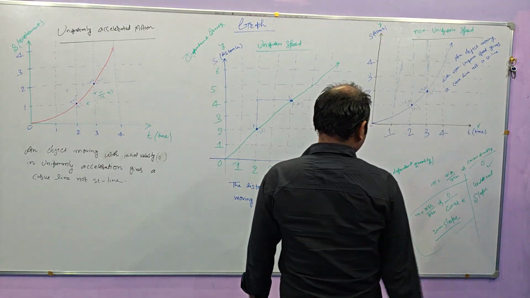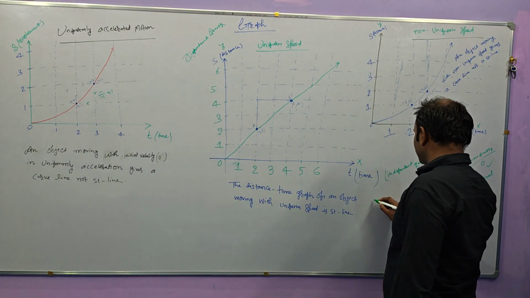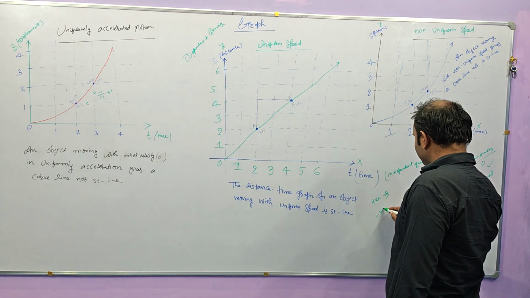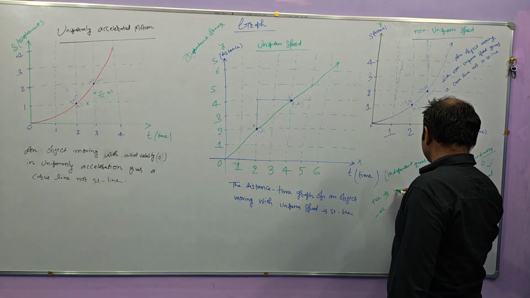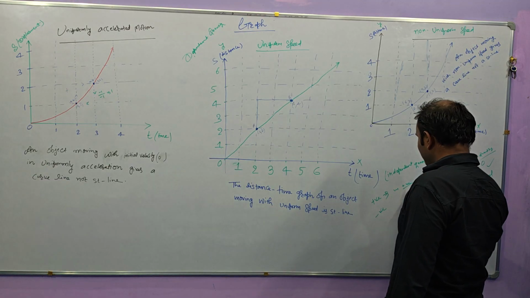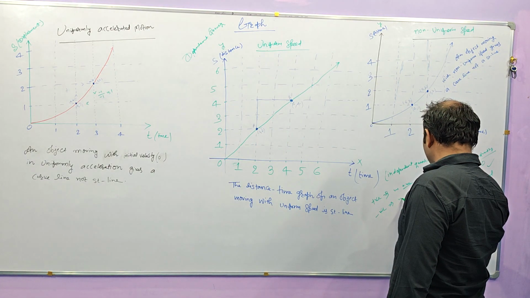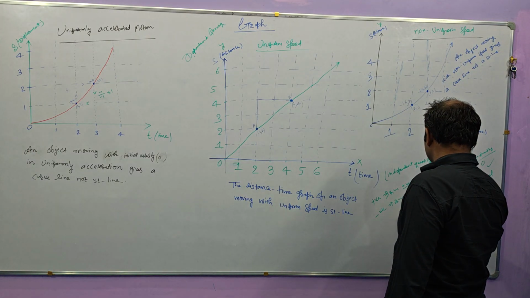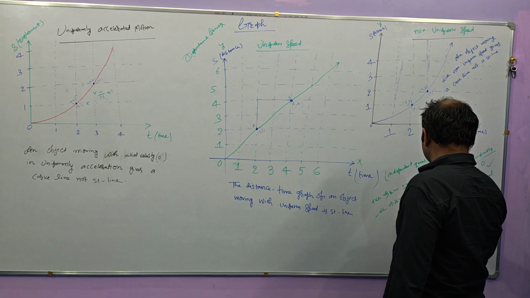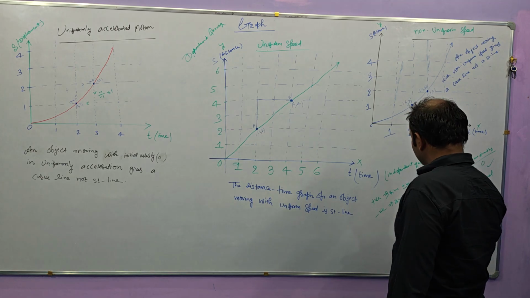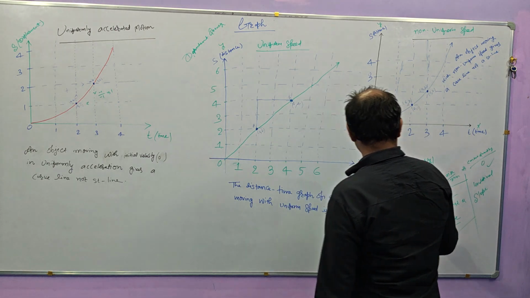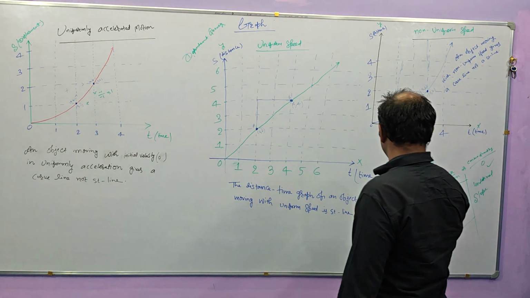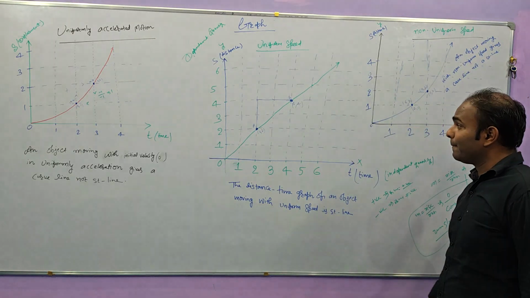And then positive slope and negative slope. If m is positive, we have a positive slope. If m is negative, we have a negative slope.